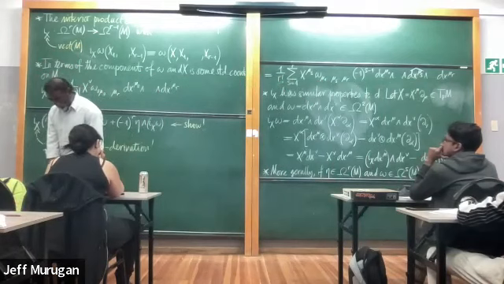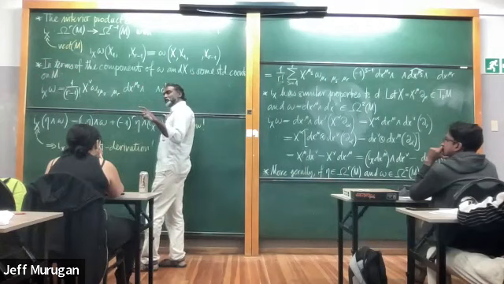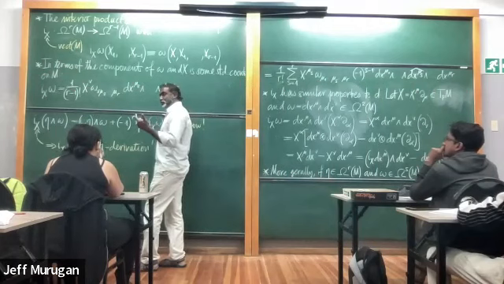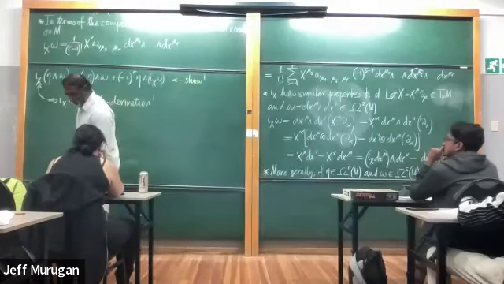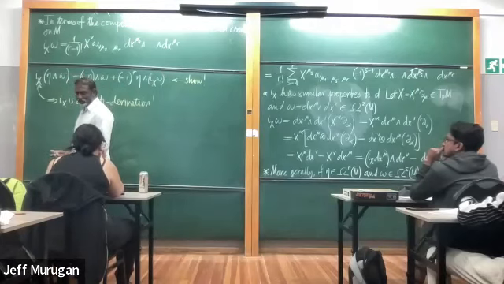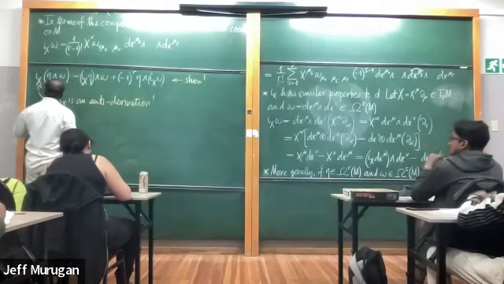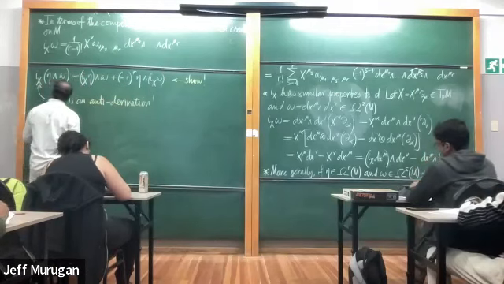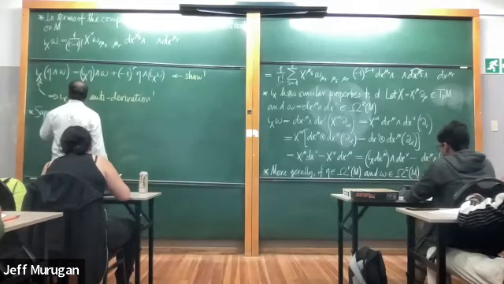In fact, it turns out that the sum of these two things, first act with d then act with Ix, or first act with Ix then act with d, is nothing but the Lie derivative. So let me show you what that is.